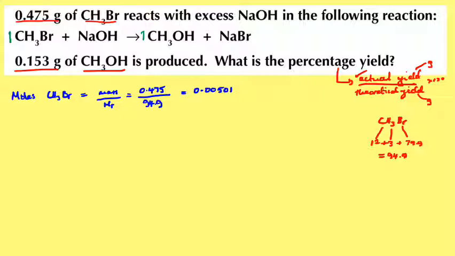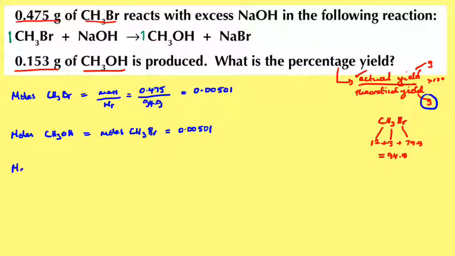We can write that down: moles of methanol, which is what we're calculating the percentage yield of, is the same as the moles of CH3Br, which is 0.00501. So now we have the moles of the product, but the theoretical yield is all about grams.